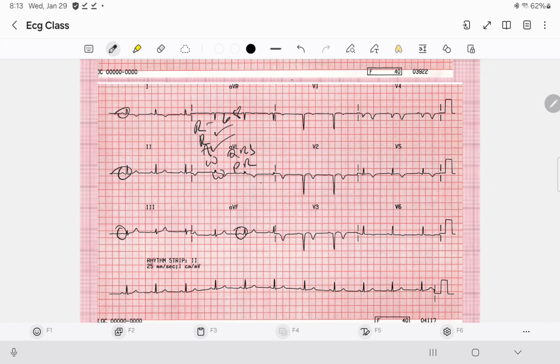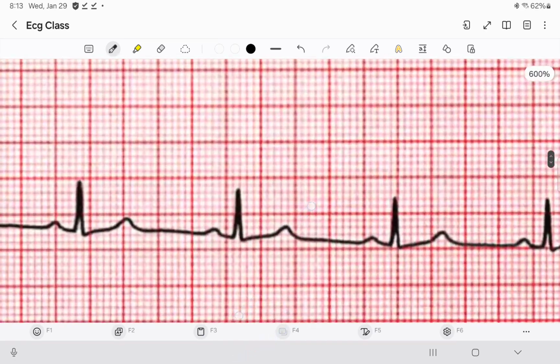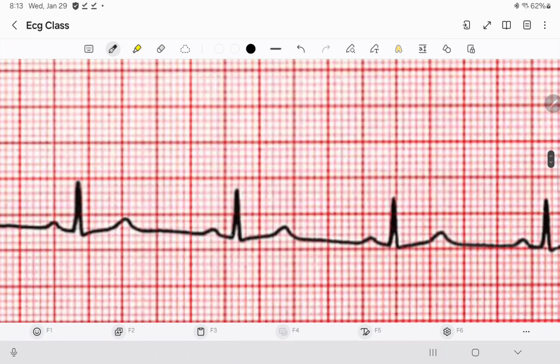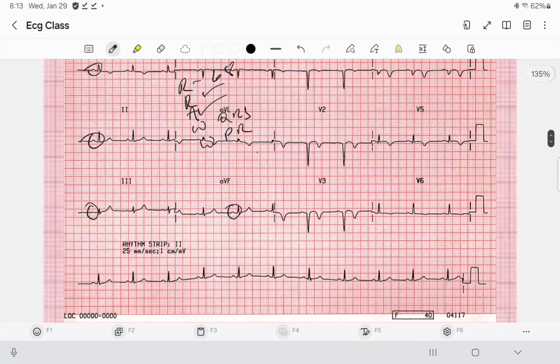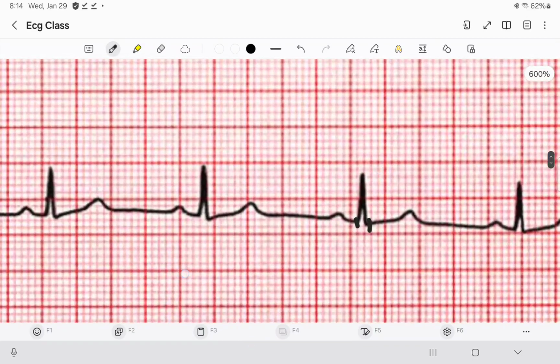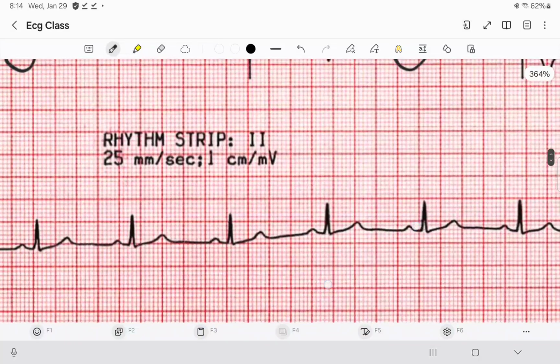Then the QRS width, let's zoom in on a lead. I'll zoom in on lead 2. All right, and from here to here. So it's a little bit less than 2 small boxes, right? So that is sufficient. That's okay as well. And finally, the PR. So let's zoom in again. We can hopefully find a PR that begins on a hard line.